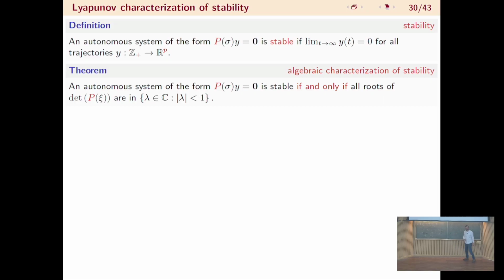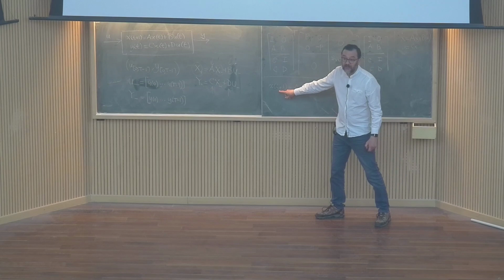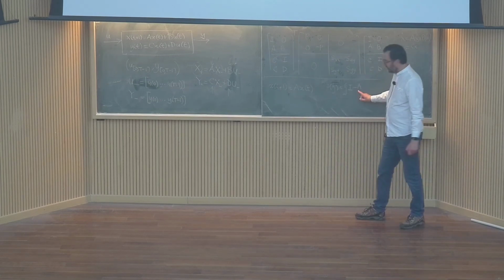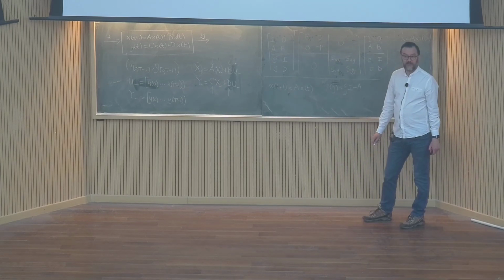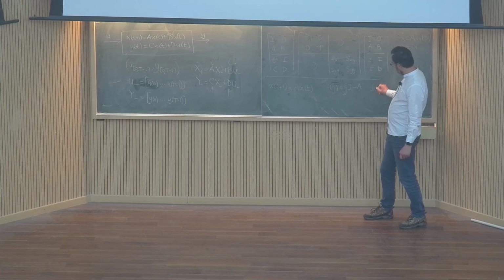In particular now, if I have this state space system, this is an autonomous system, right? For this, I can choose P of xi as xi identity minus A. Xi for the shift, A a constant matrix. What is the determinant of this thing?